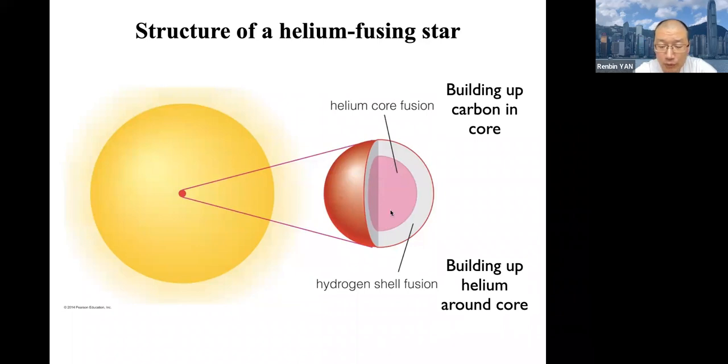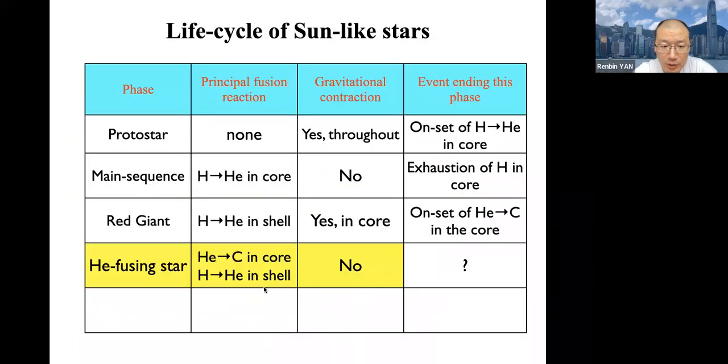And this helium core fusion will start to build up carbon in the core, and the hydrogen shell fusion will continue to produce more helium and add that helium to the core. So the principal fusion reactions you have in this stage are 2 fusion processes going on.